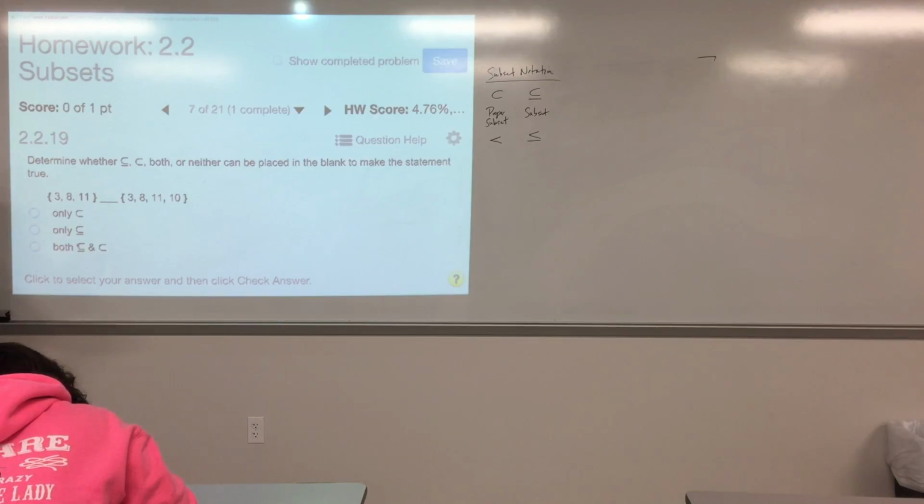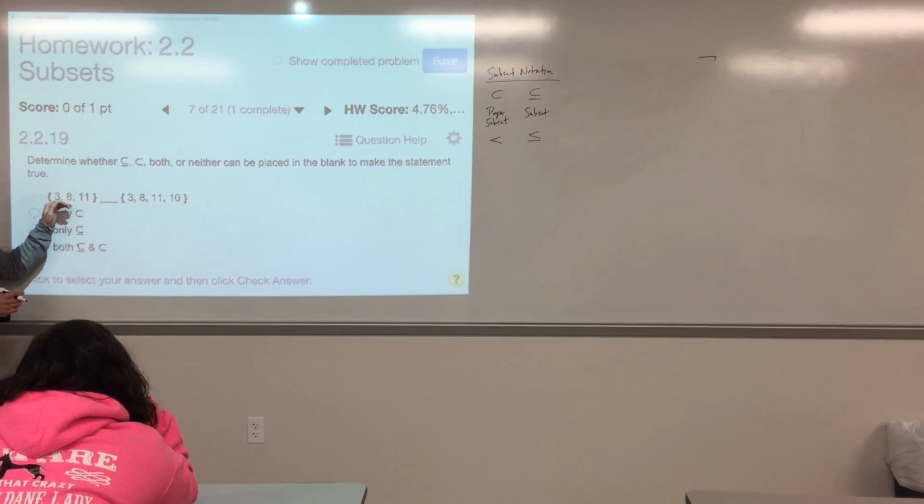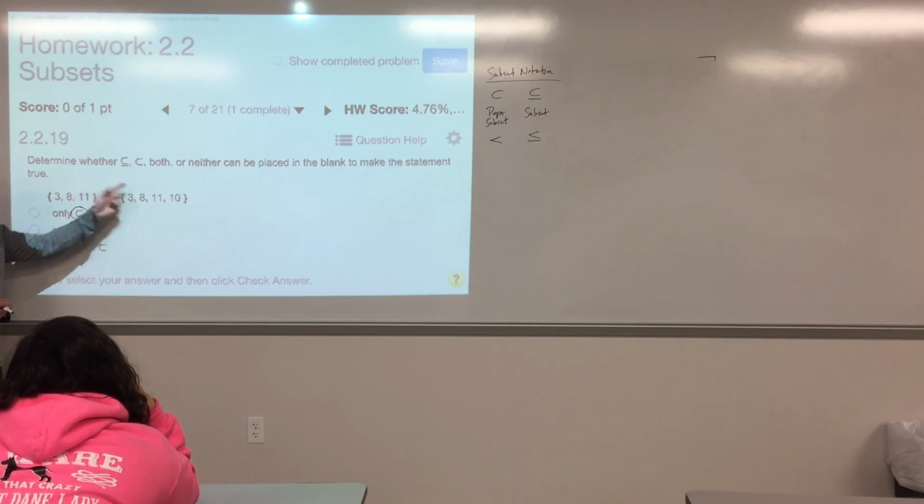So first question for you, the set consisting of 3, 8, and 11. Can we find that in here? Yes, right? So could we use proper subset notation for that? Yes, absolutely. Everybody agree? This works, doesn't it? Because everything here can be found in here, and it's less than that, right?